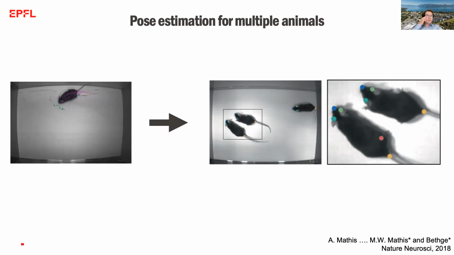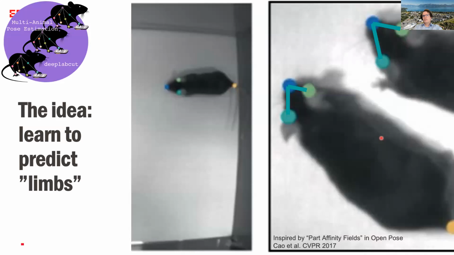And in bottom-up pose estimation, this is done by predicting so-called limbs, which indicate which body parts are linked within an individual. So the key idea here is that one lets the model not only predict key points or joints, but also limbs that connect 2 joints.